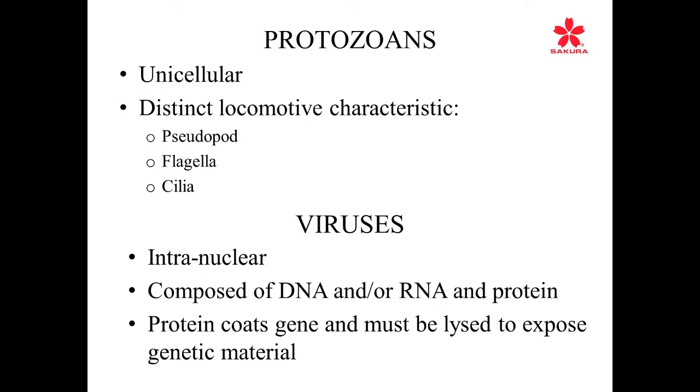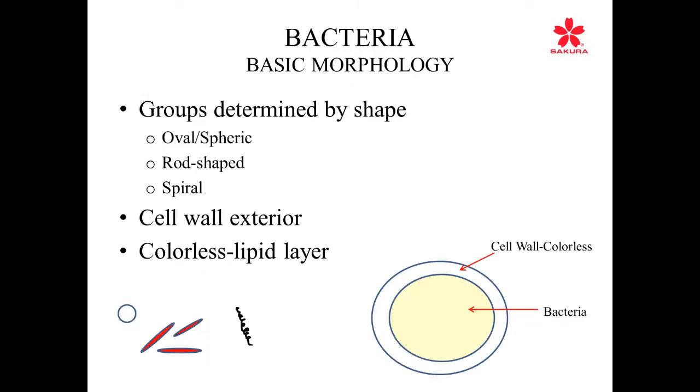There's a protein layer that coats the DNA and RNA that must be lysed to expose the genetic material and get the information that the researcher is looking for. So that is a specific method that has to be used, unlike what's used in the other four classifications of microorganisms. I don't want to spend too much time on protozoans and viruses, so I'll move on.